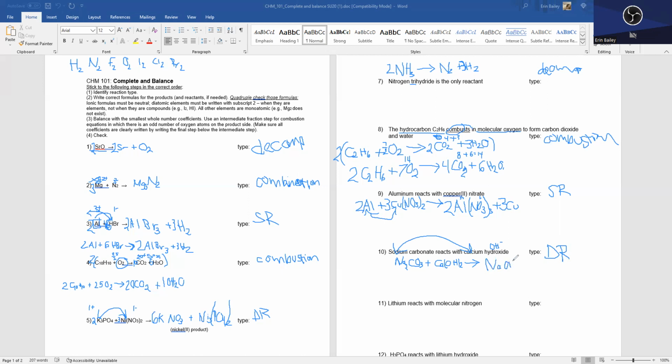NaOH, in which sodium is a positive one and hydroxide is a negative one. So I don't need to change the formula at all. I can just leave it at 1, 1. But it's also going to produce calcium carbonate, which is CaCO3.